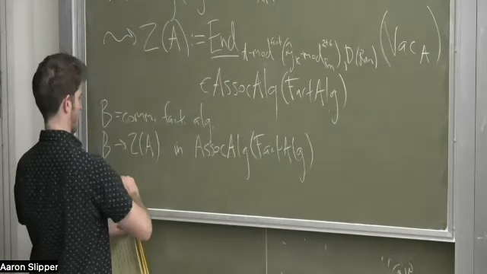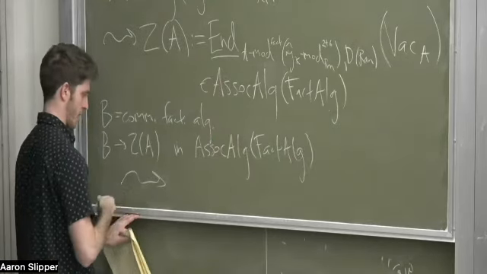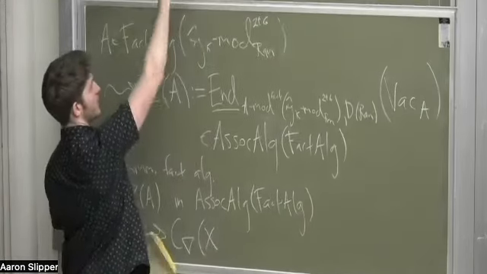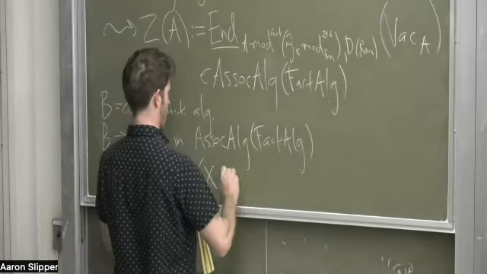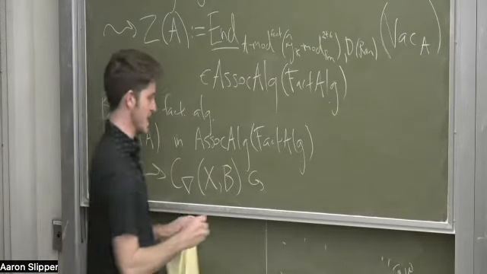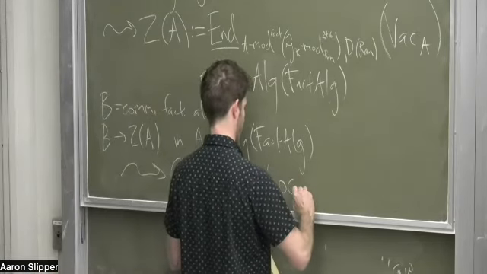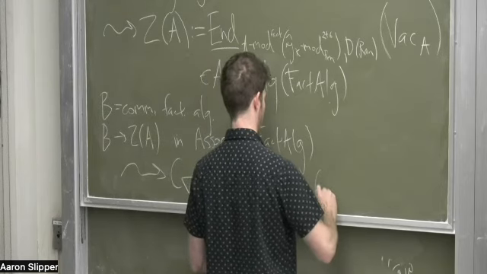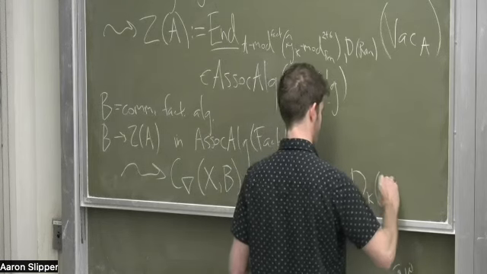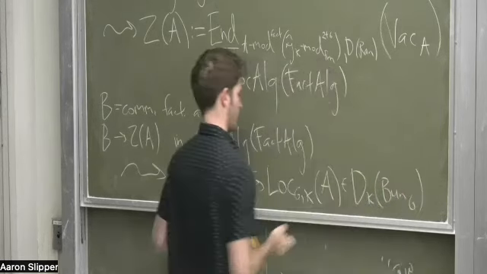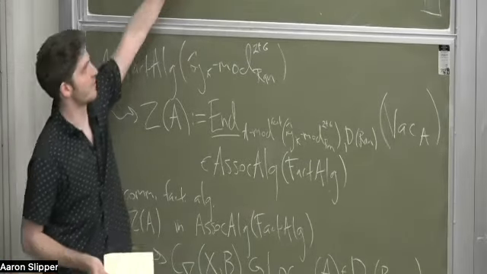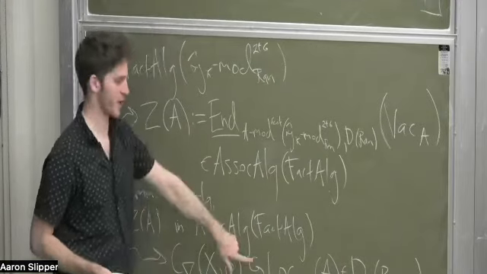If you apply the same construction I did before, and use this proposition, you'll get an action of the commutative algebra given by the chiral homology of B on the localization of A. Again, just to remind you, this is an object in characteristic D-modules on BunG. You can imagine how this linearity gives you this.